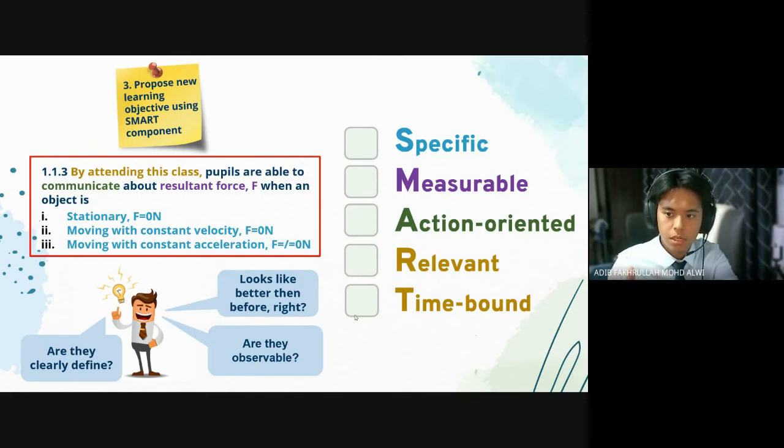Let's check the action verb used. It has communicate, so it is action oriented. So it is specific because the student are clearly stated what they need to do, and it is measurable because we can measure the communication about resultant force F when an object is stationary and constant velocity.